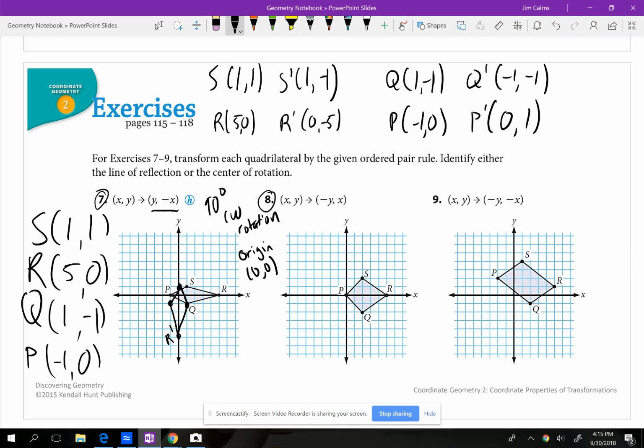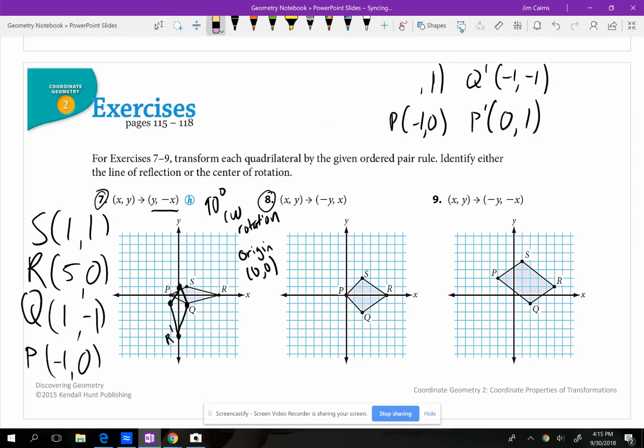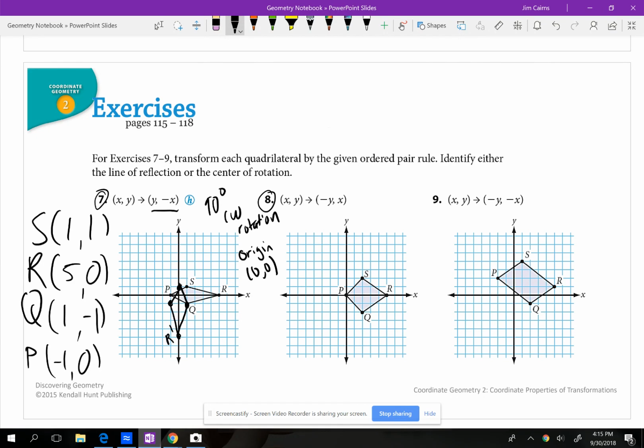Number 8, negative y, x. Okay. So this is P, which is 0, 0.